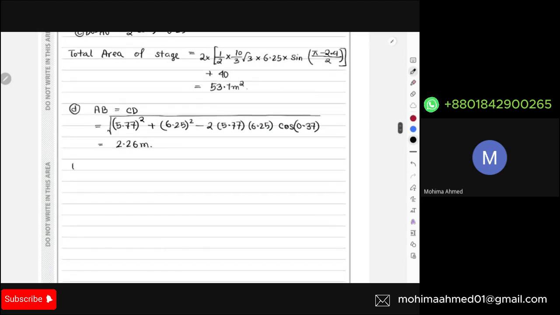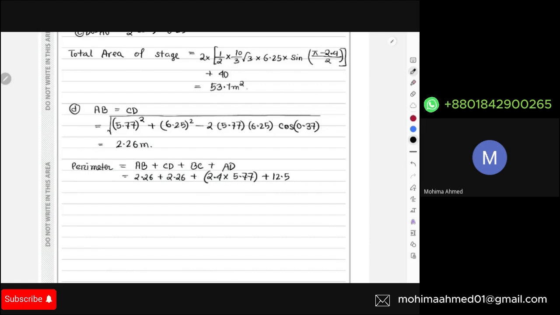Finally, for the total perimeter, the lengths associated here are your AB plus CD plus your BC, the arc length, and finally AD. So AB is 2.26, CD is also 2.26, BC is actually the arc length, which is just r theta, 2.4 multiplied with 5.77, and AD was given as 12.5.